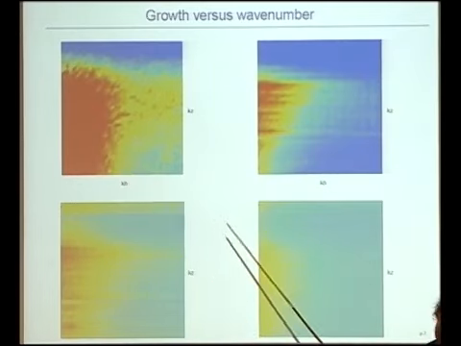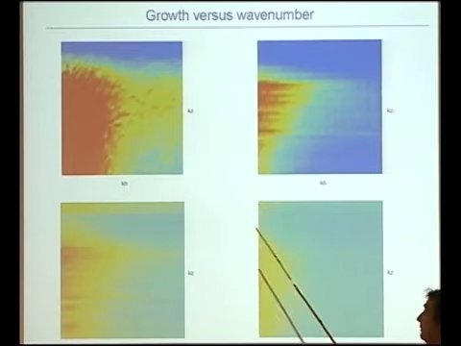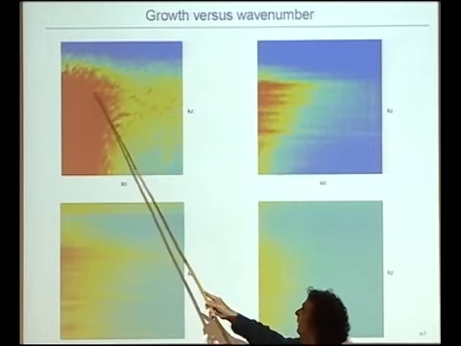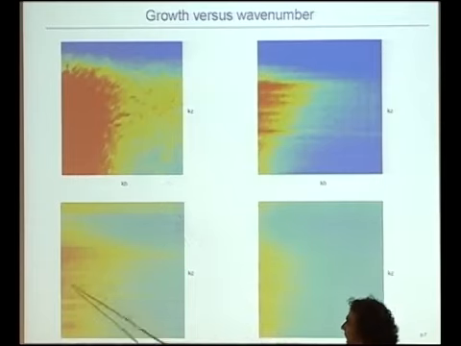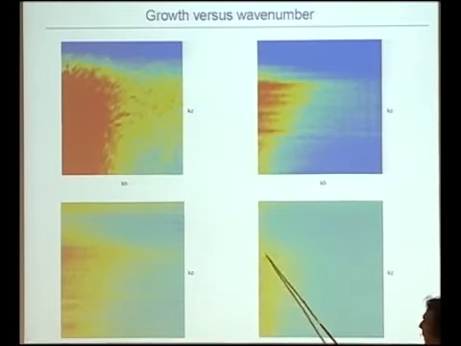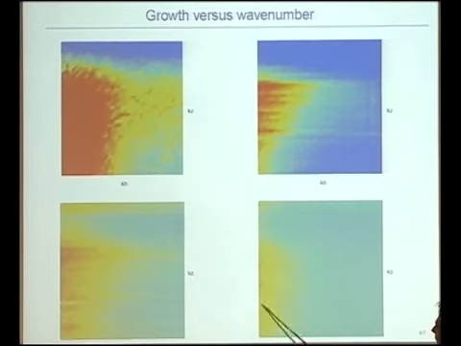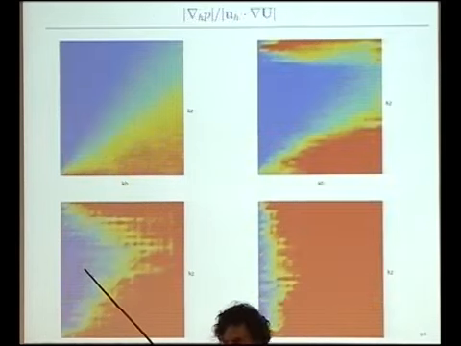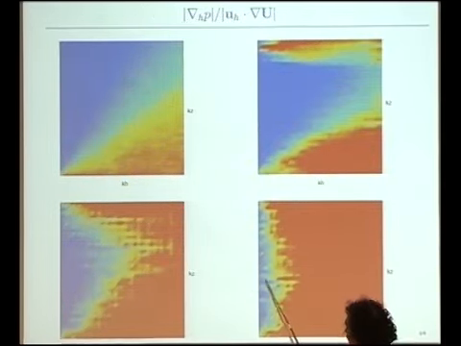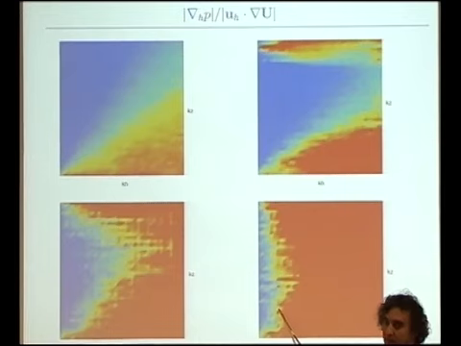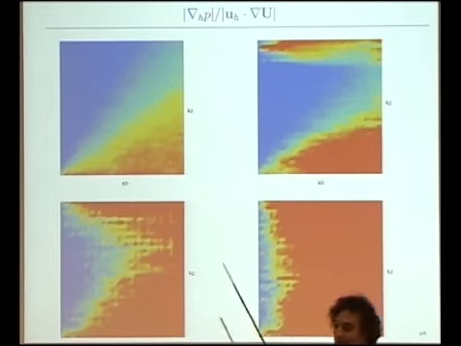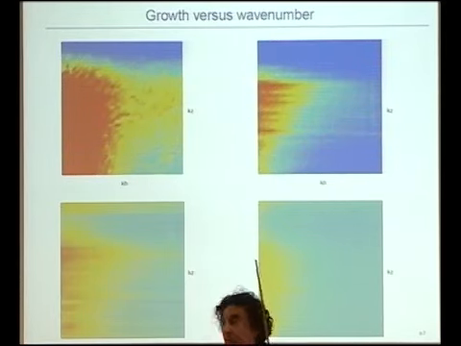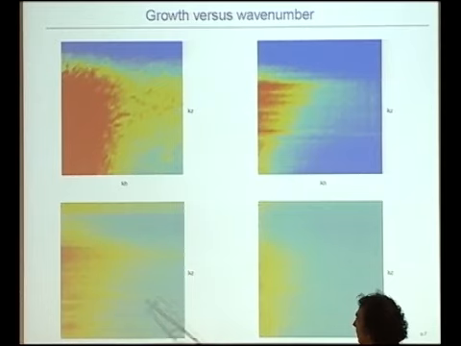This is just plotting, for the same four snapshots, an estimate of the growth in the wave. This is just from taking differences of snapshots of the energy that's in the various Fourier modes. What you're supposed to see is that the growth is occurring in this region, slowing down here towards the end of the growth phase, but the growth is largely occurring in the region where the hydrostatic approximation did apply, right?